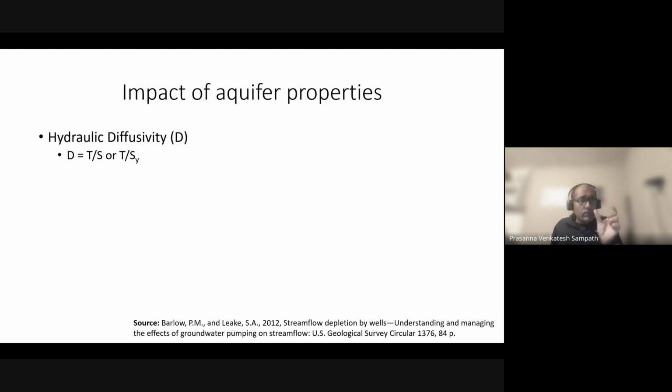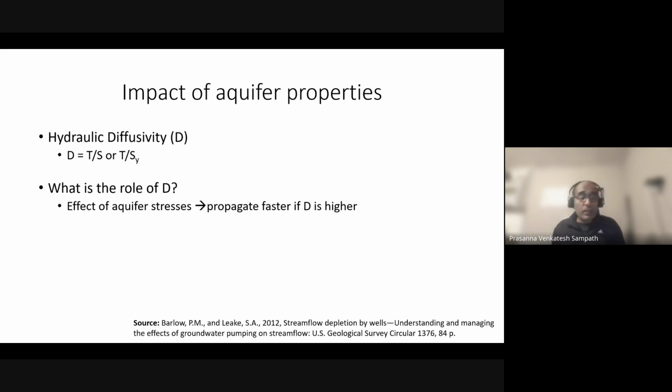Right? Now, depending on the magnitude of this hydraulic diffusivity D, the response of the aquifer differs, right? So the larger the value of D, the faster the impact of pumping or any stress on the aquifer propagates in the aquifer, right? So simply speaking, if D is larger, the effect of pumping will travel faster, and if D is smaller, then the effect of pumping will be felt at a slower rate, right?